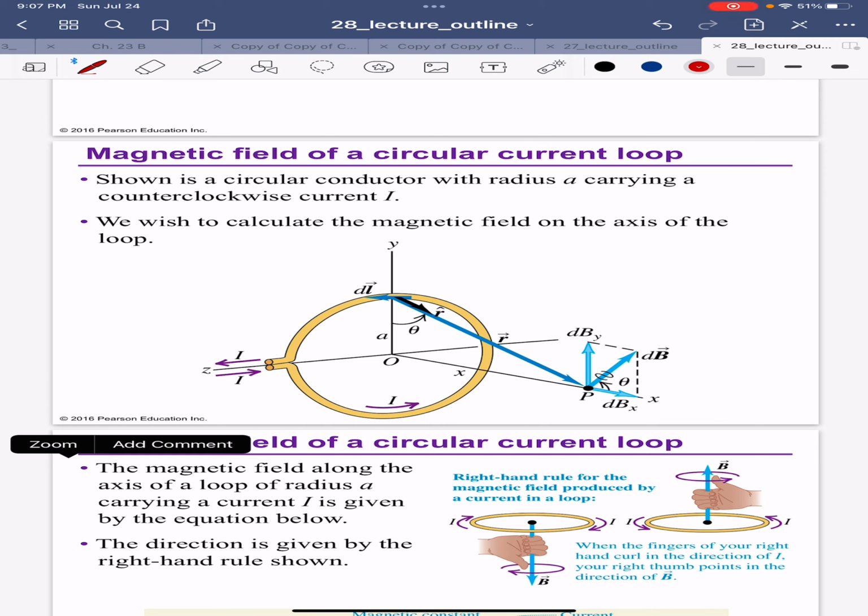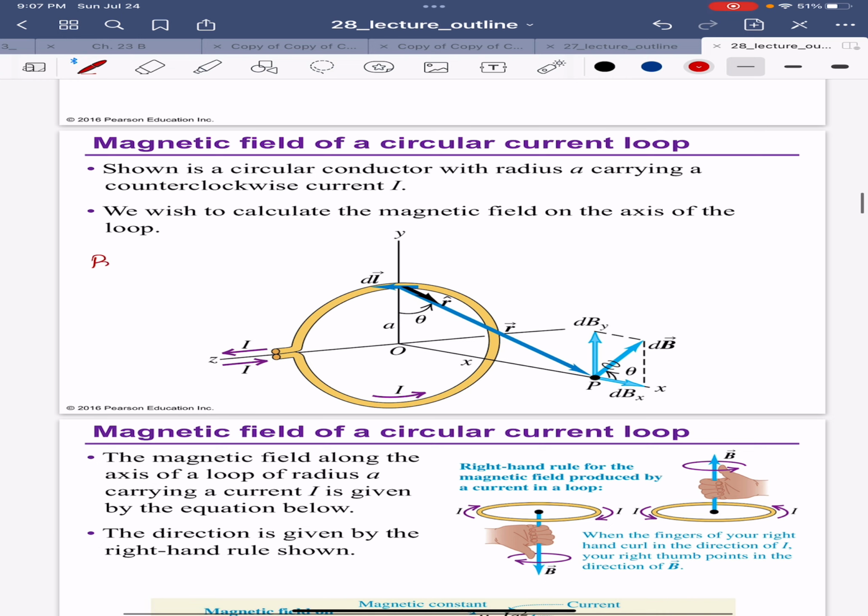When we do the calculation, we consider what is called the symmetry of the loop, so that the y components of the magnetic field cancel and we keep the x components. This is at any x distance from the center of the loop.